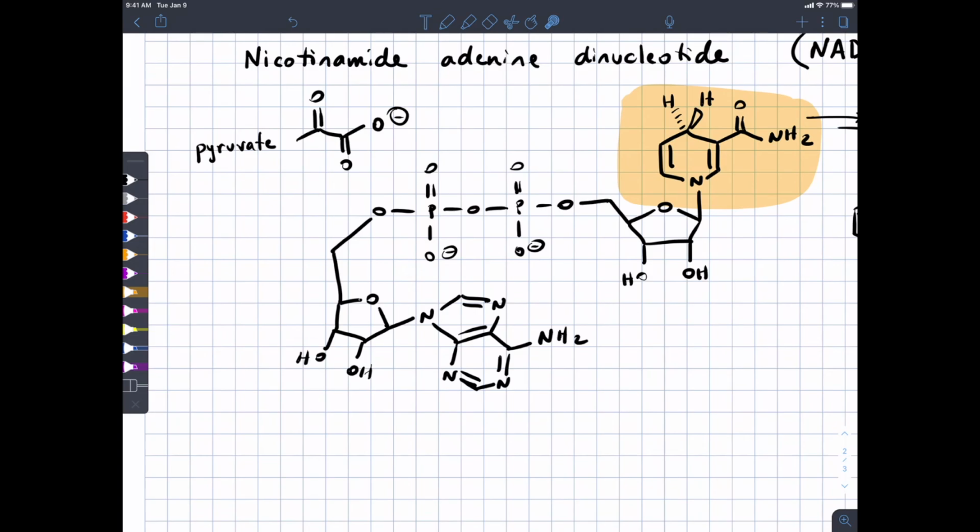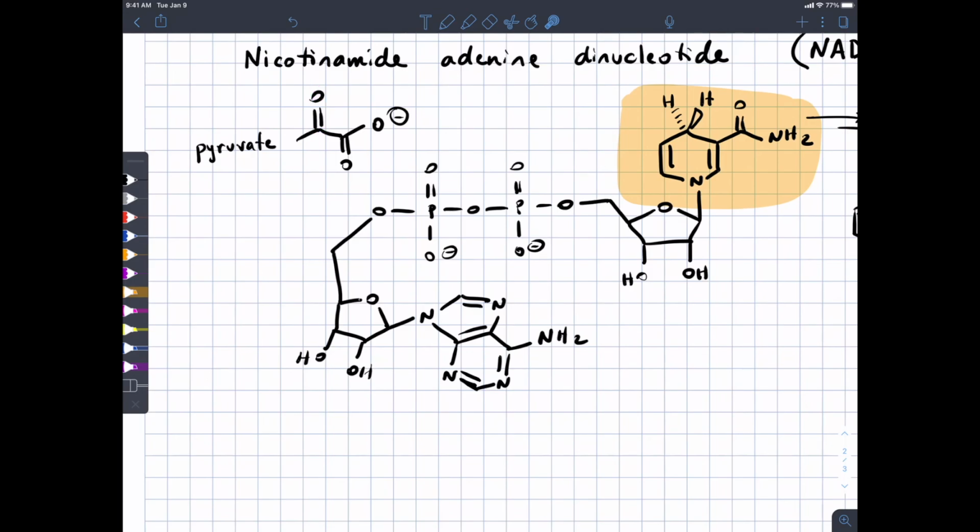Okay, so another question I got during the first hour is why we're going to show the reduction reaction happening here at the ketone. And people asked, why not at the carboxylic acid? Well, once it's negatively charged, the carboxylic acid isn't reactive. That negative charge is going to repel nucleophiles.